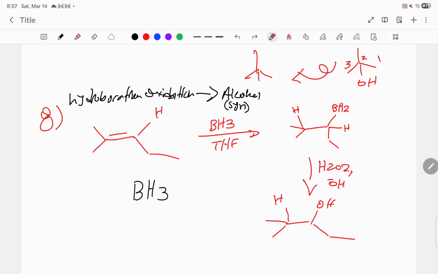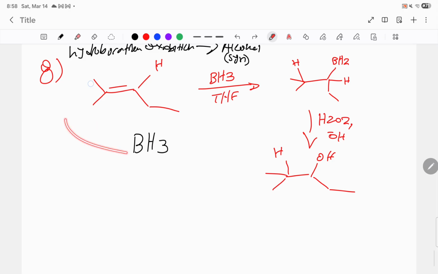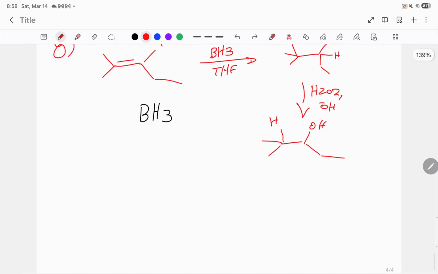So how do I do this? Well, I'm debating on whether or not I should show you guys the mechanism. Okay, I'll show you guys the mechanism. So let's show you the mechanism for this specific one right here.